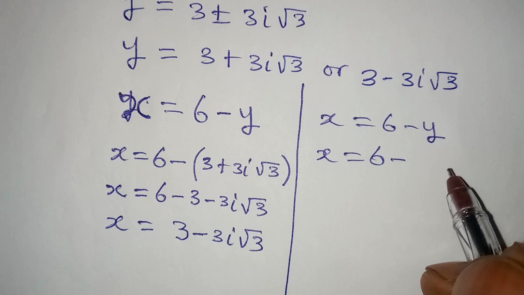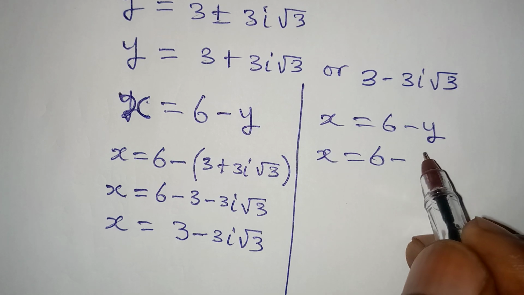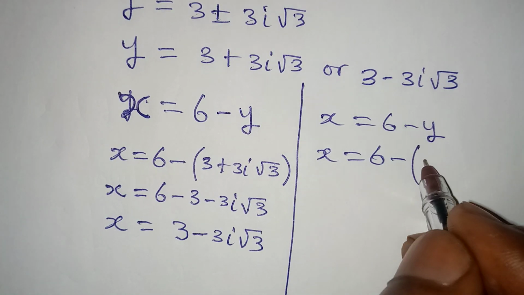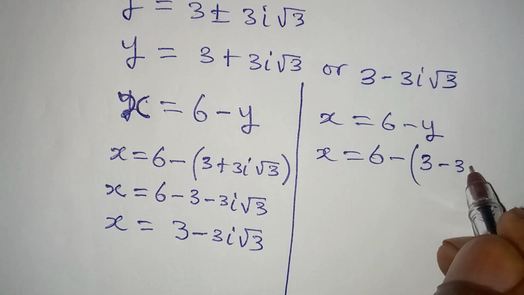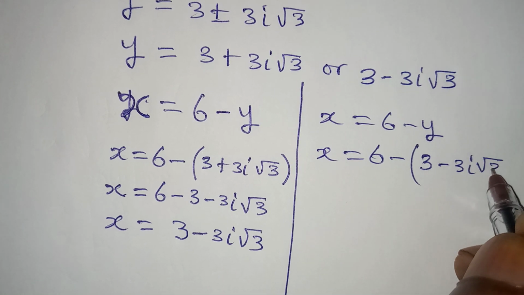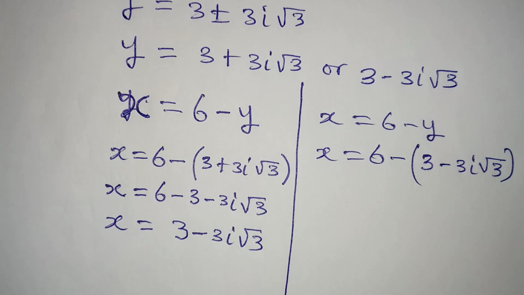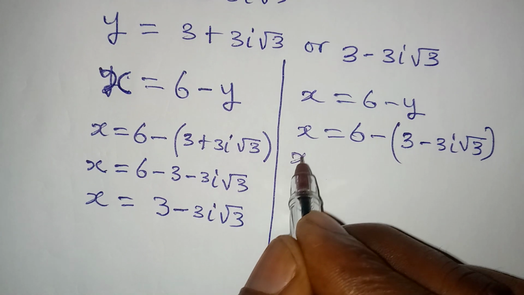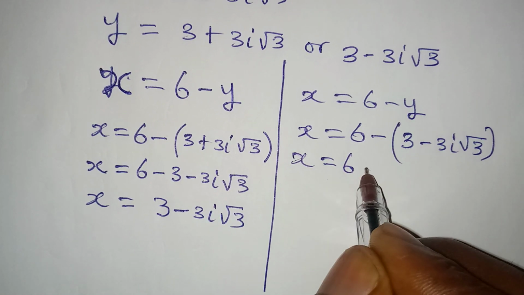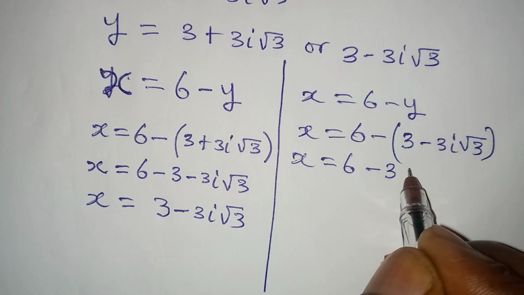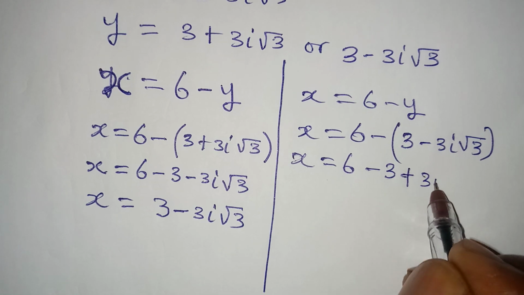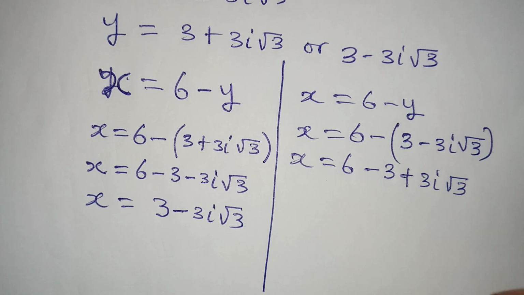Now, our x will be equal to 6 minus, and we shall open the bracket so that we have y. y is 3 minus 3i square root of 3. So now let's open this bracket so that x will be equal to 6 minus 3, then plus, because negative negative will go plus, then we have 3i square root of 3.